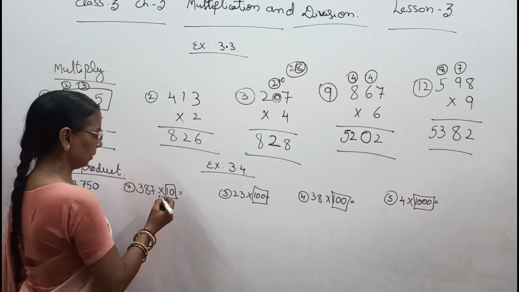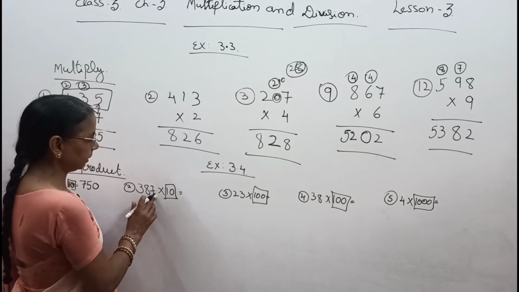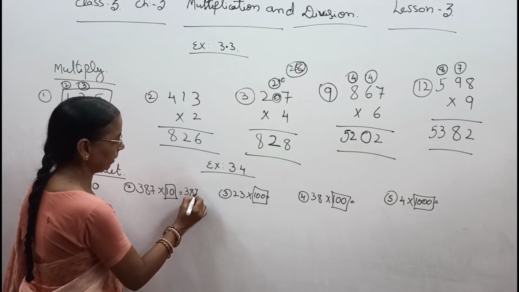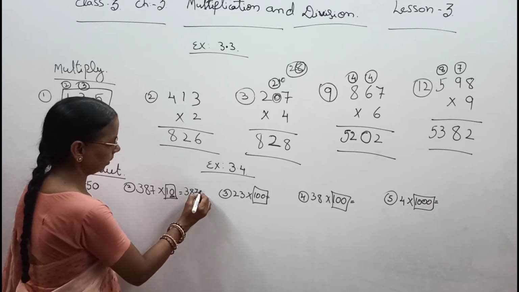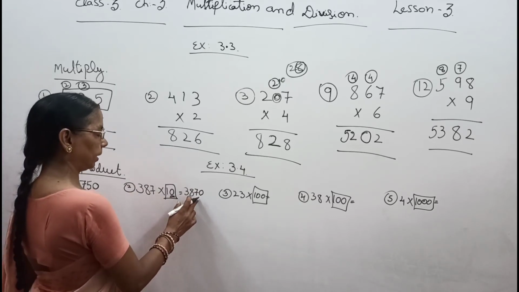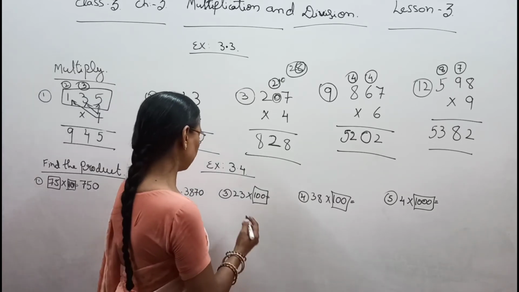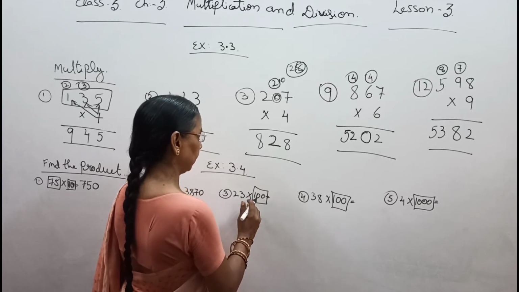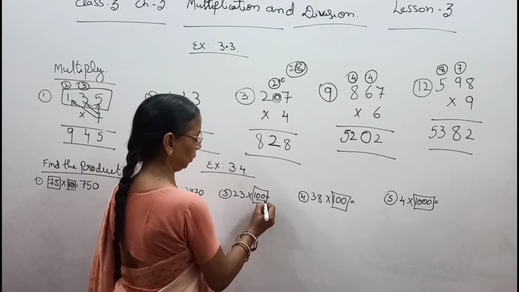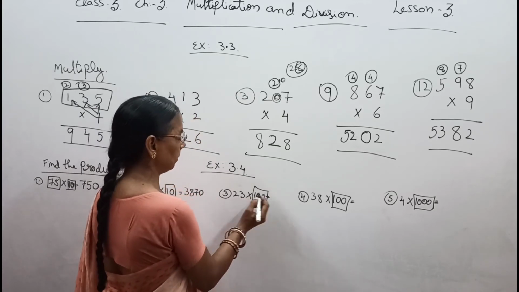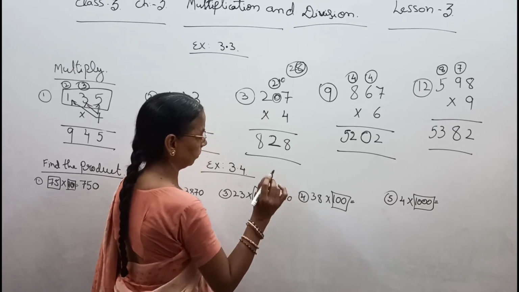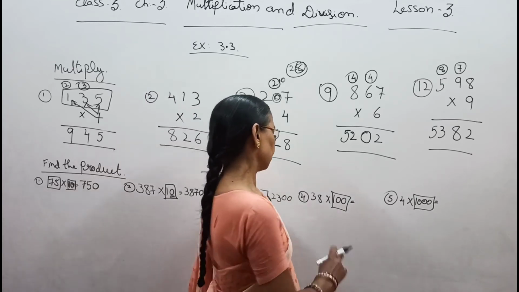उसी तरीके से in the same way 387 1 से मल्टीप्लाई करोगे तो 387, then this 0 will be here, simply it is 3870. Now here 23 into 100. यहाँ पे क्या है, यहाँ पे हमने देखा 1 0, यहाँ पे 2 0 से, तो सिंपली 1 से मल्टीप्लाई करो 23, then put double 0 and again 38.